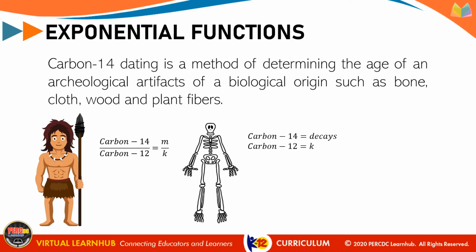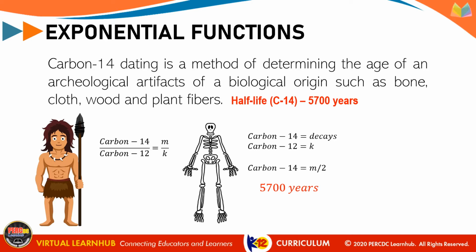Let's say, for example, after a certain amount of time, the amount of carbon-14, originally m, decays to half of its original amount, becoming m over 2. The amount of time for the carbon-14 to reduce to half of its original amount, thus the term half-life, is 5,700 years. Therefore, if the amount of carbon-14 reduces to half its original value, this means that 5,700 years has passed.